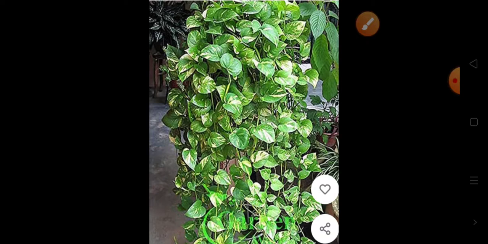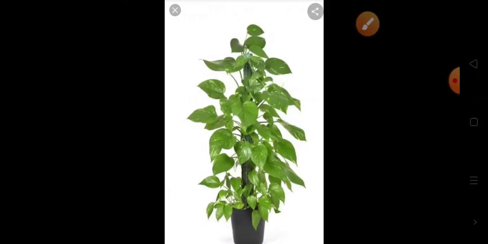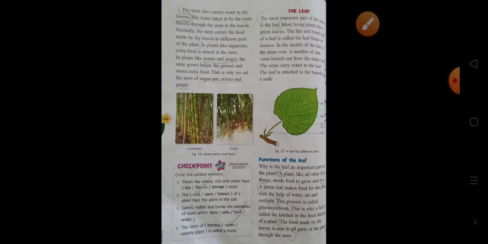Okay, students. Now, we are going to read about the functions of the stem.